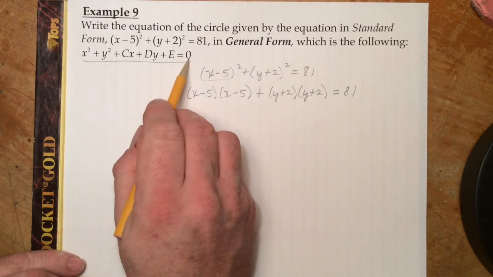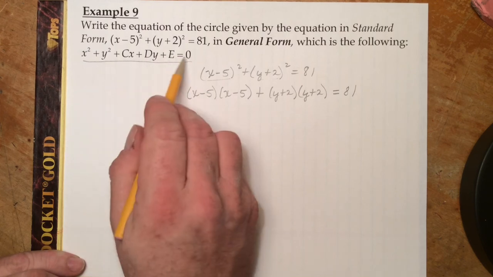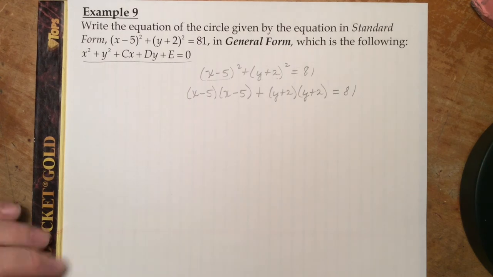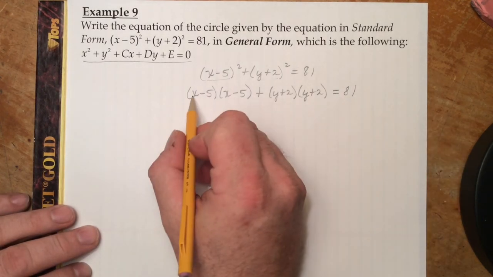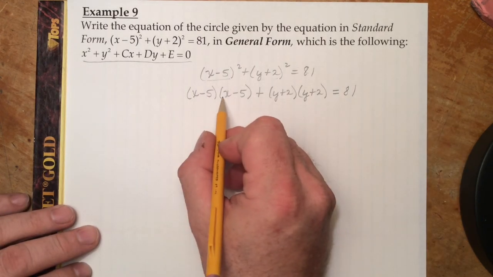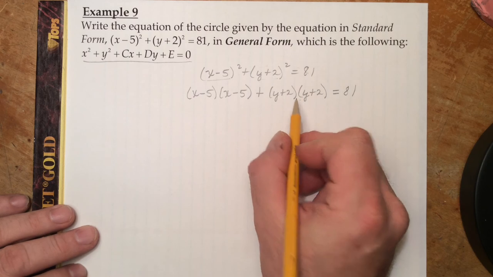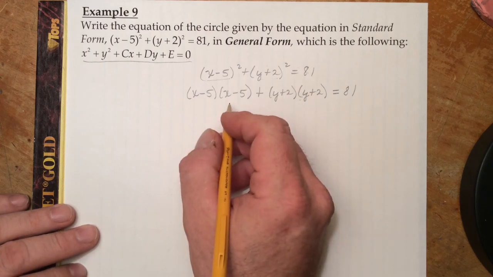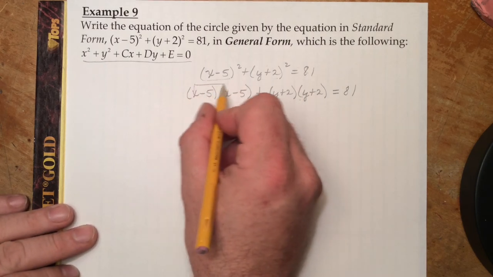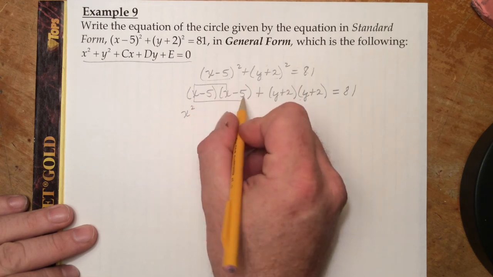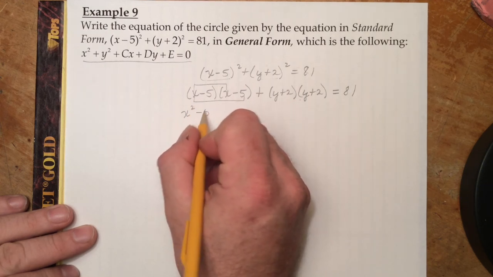Remember, in general form, everything has to be set equal to 0. So we're going to bring this 81 over here as soon as we can. At this point, though, I'm going to multiply the binomials together here and here using FOIL, just a form of the distributive property. First terms first, x times x is x squared. Outside terms, that's minus 5x.